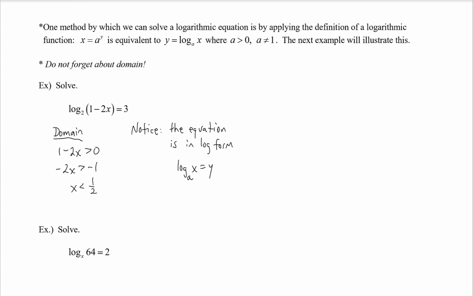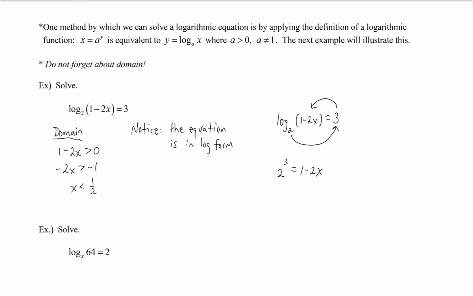It's just in log form. Now, why does that matter? How is that helpful to us? Because we know how to switch that to exponential form. So if I take log base 2 of 1 minus 2x equals 3, I can switch that to exponential form. So this is the base, that's the exponent, and that's what it equals. So it'd be 2 cubed equals 1 minus 2x.